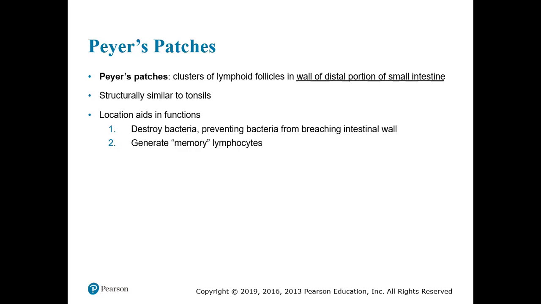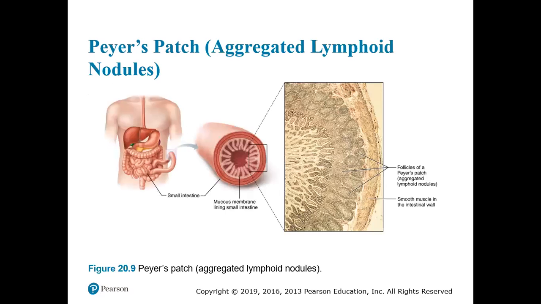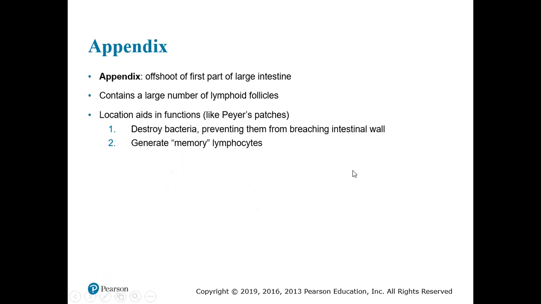Well, they're similar to tonsils, not in the way they look, but in terms of function. They destroy bacteria, prevent bacteria from breaching the intestinal wall, and generate memory lymphocytes. Again, when you think of Peyer's patches, think, boom, small intestine, the walls. Here we zoom in on the wall area, and you can see the follicles of Peyer's patches.